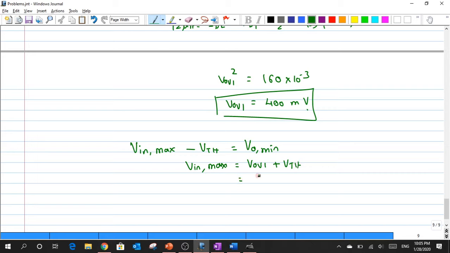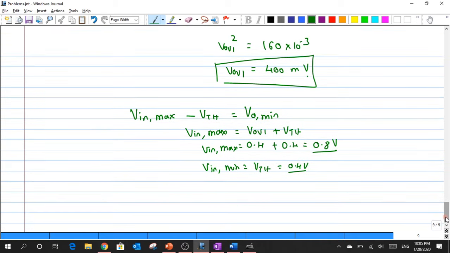So the summation of VOV1, which is 0.4, and the threshold voltage of the NMOS device, which is also 0.4, leads to a value of 0.8. So my Vin max is basically 0.8, whereas my Vin minimum is just equal to my VTH value, which is equal to 0.4.